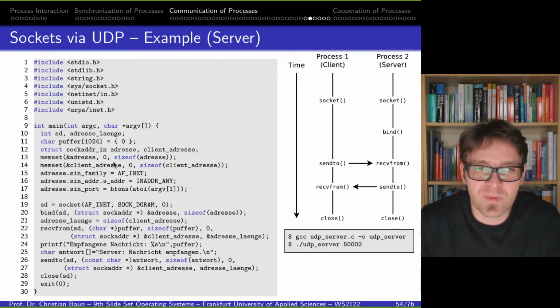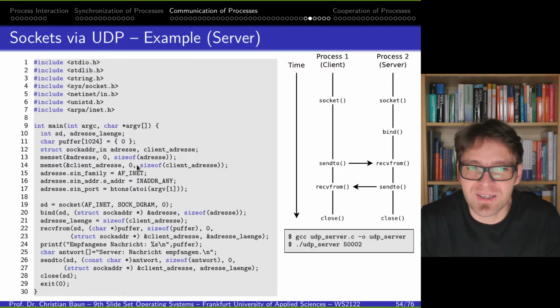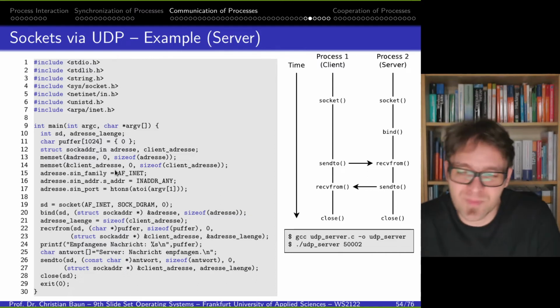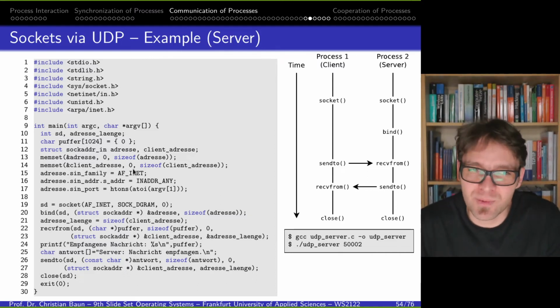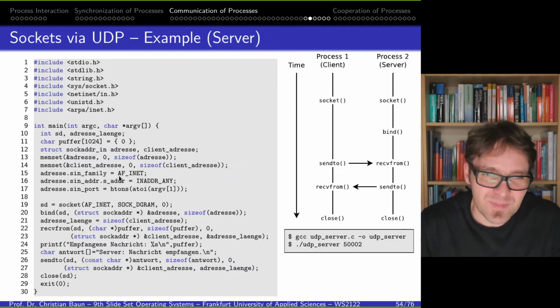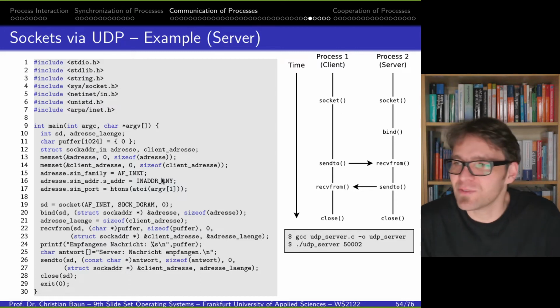So it's C. So we need to override these pieces of our memory with 0 bytes. Otherwise we may run into C-related trouble. Next we specify what sort of protocol addresses we use here.